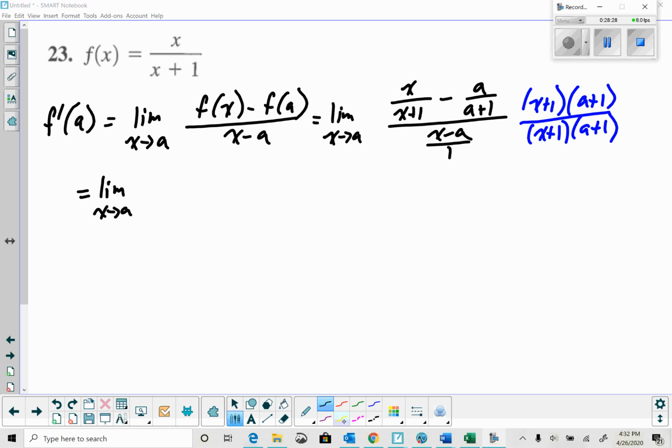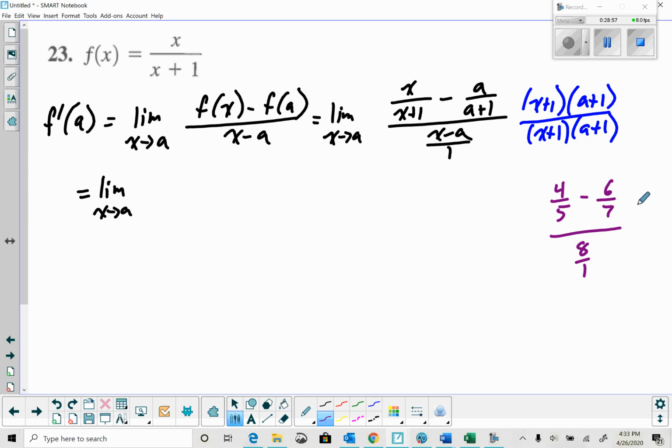Now again, I don't want to distract you too much. If you want to skip over the purple stuff, that's great. Simplifying, multiplying, dividing all this stuff out. If we had, say, 4 over 5 minus 6 over 7 over 8 over 1, our common denominator would have to be 5 times 7 times 1. So again, that's how we're getting the stuff there in blue.